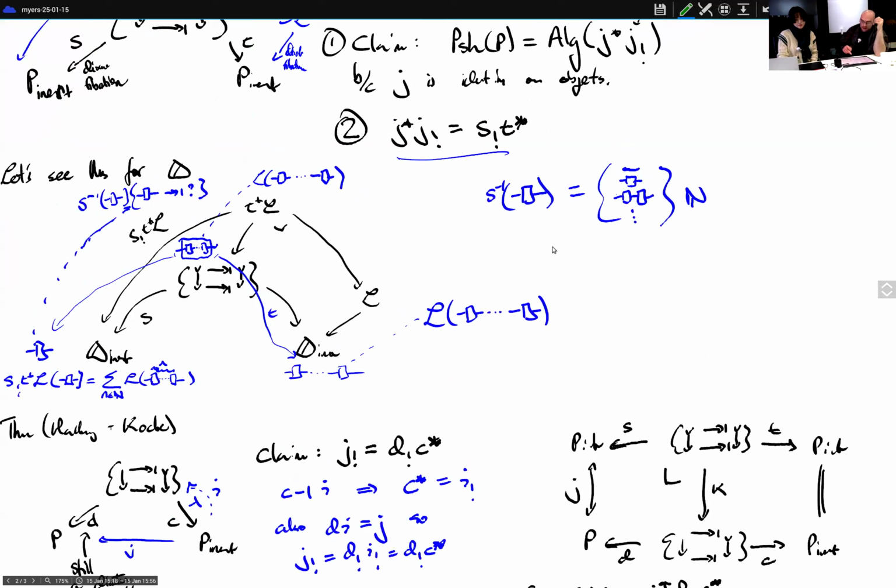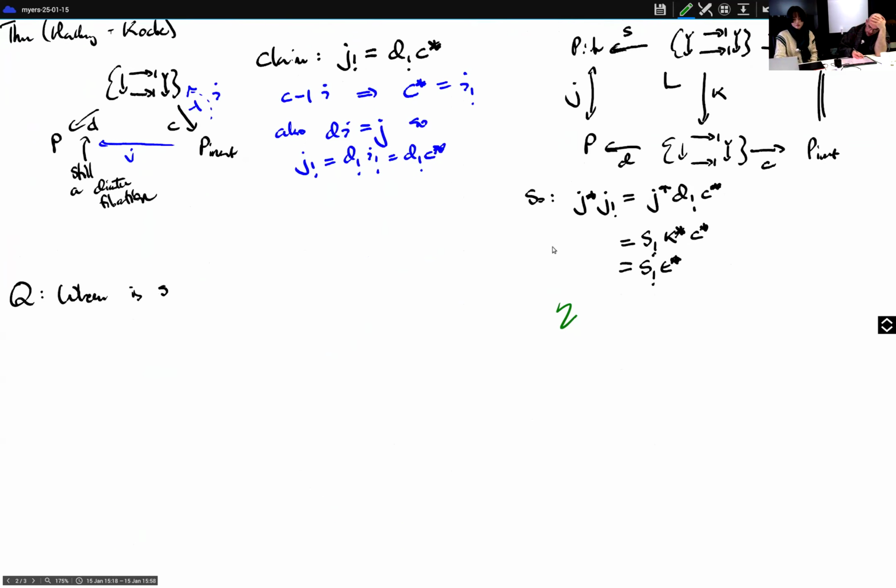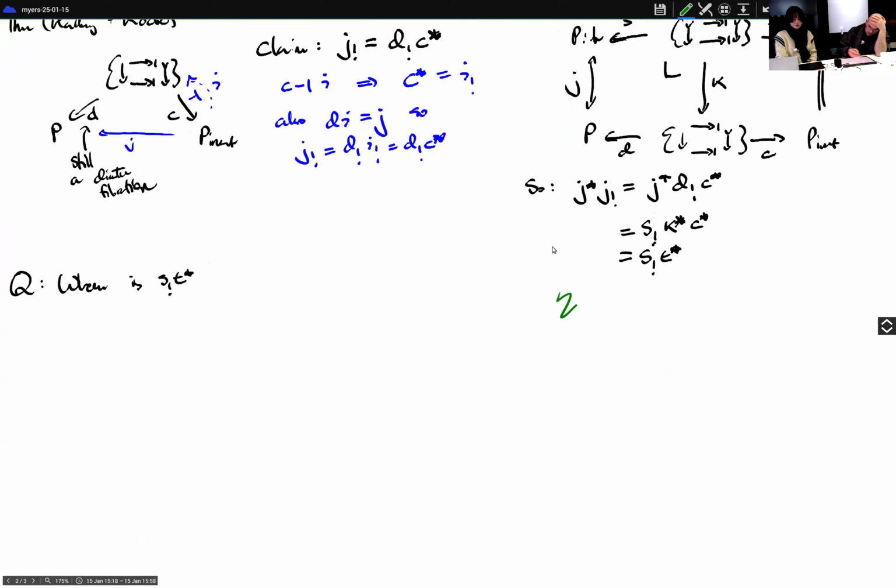So the question is, when does S bang T star restrict to models of P inert and not just presheaves on it? And the answer must be by the theorem in Chu and Haugseng saying when this algebraic pattern is so-called extendable.